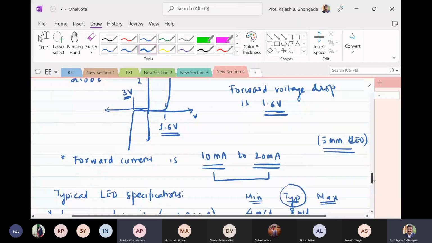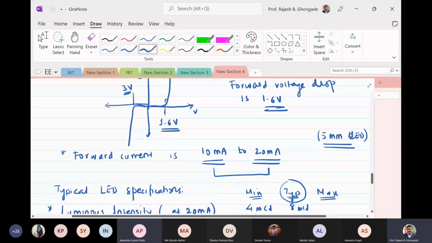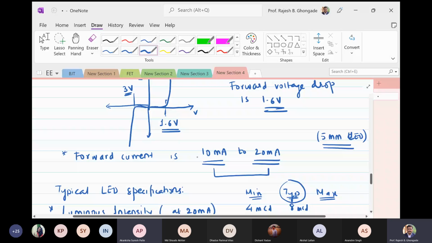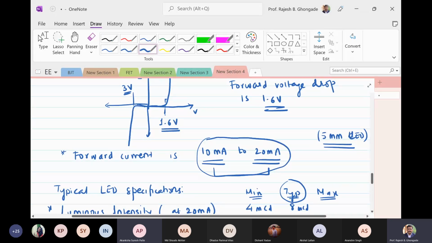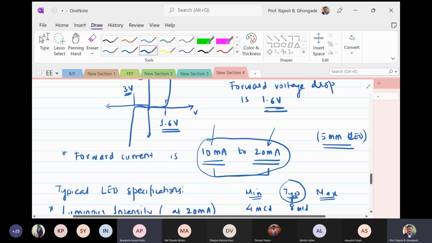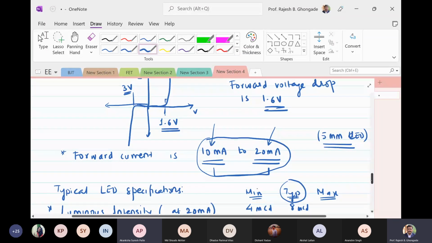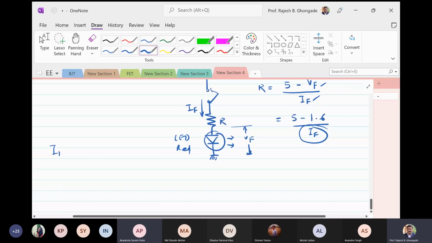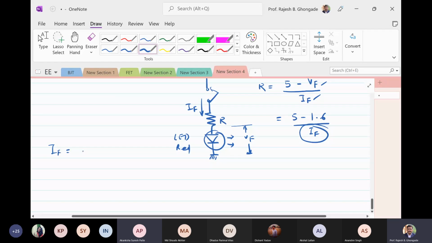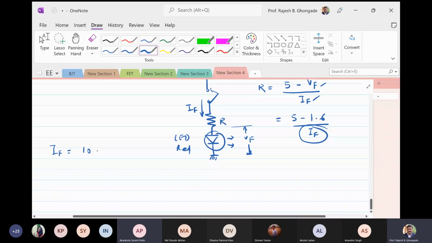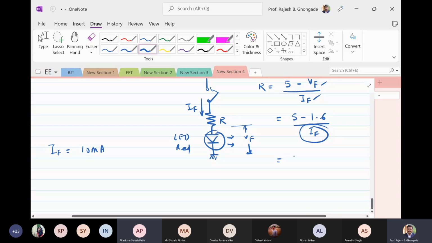As I said previously, we have to make sure that the LED current is between these limits. I am not going to operate it at the extremity. So I will choose this value. I will make sure that IF is 10 milliamperes. Now things are easy. 5 minus 1.6 by 10 milliamperes.